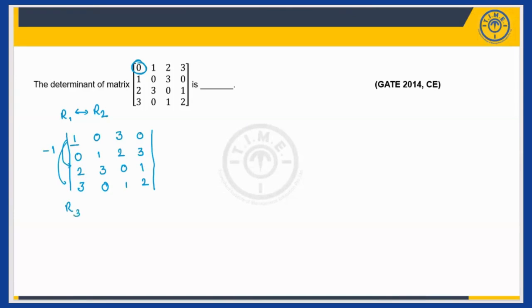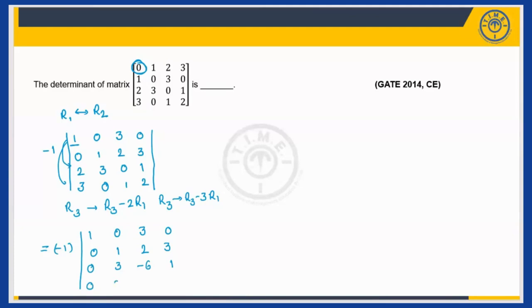That means applying R3 minus 2R1, and again applying R4 minus 3R1. So that is minus 1 times det of 1, 0, 3, 0; 0, 1, 2, 3; 0, 3 minus 2, that is 3, 0 minus 6, 1 minus 0; and again 0, 0, 1 minus 9, minus 8, 2 minus 0.